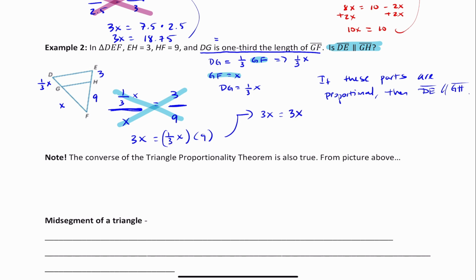And I slap on that x there. So are these two ratios proportional? Well, as you can see here, the left-hand side is equal to the right-hand side. So if the left-hand side is equal to the right-hand side, then yes, we can say that these parts here are proportional to each other. And if those parts are proportional to each other, then we can safely say that yes, segment DE is parallel to segment GH.